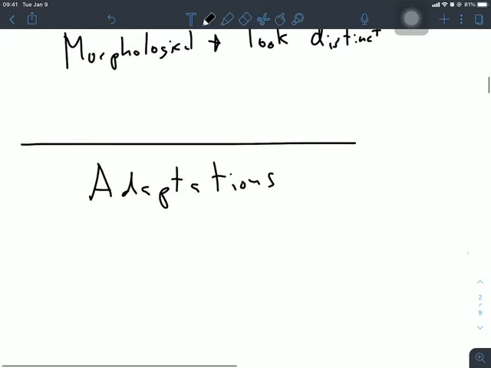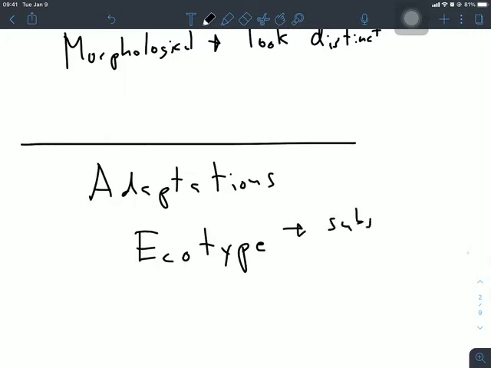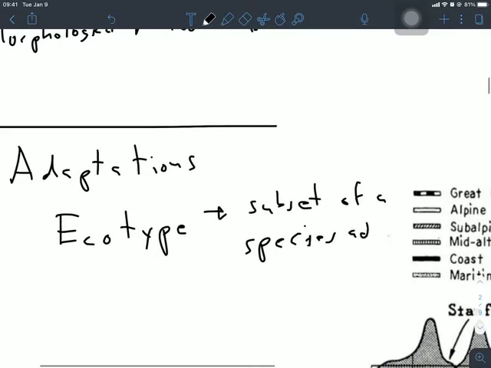We consider a group of a species adapted to a specific environment an ecotype, because they are the group or subset of a species that is adapted to a specific ecology.